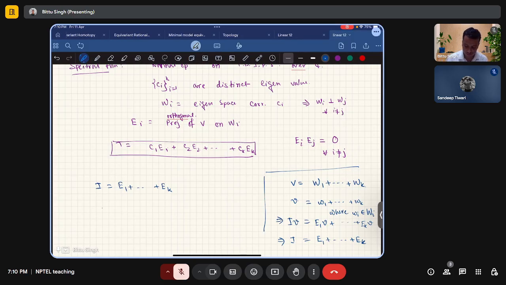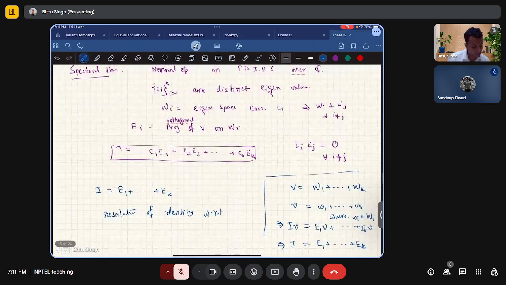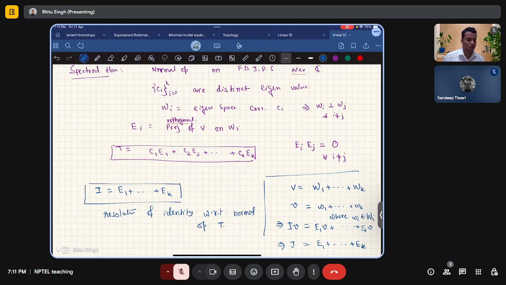This is called the resolution of identity with respect to the normal operator T.